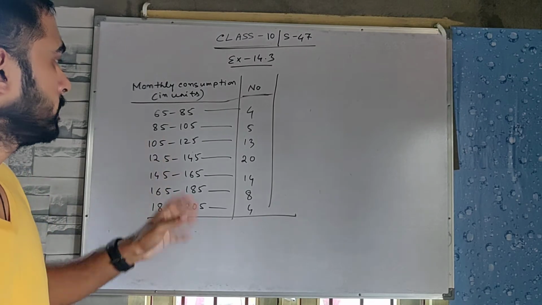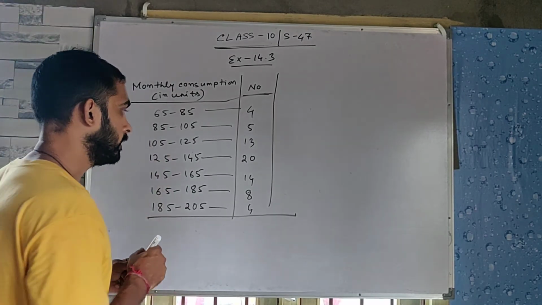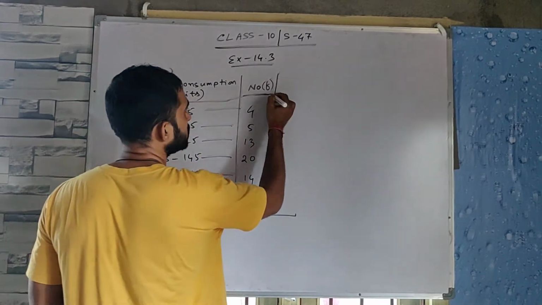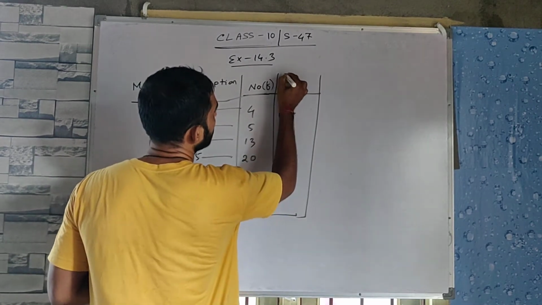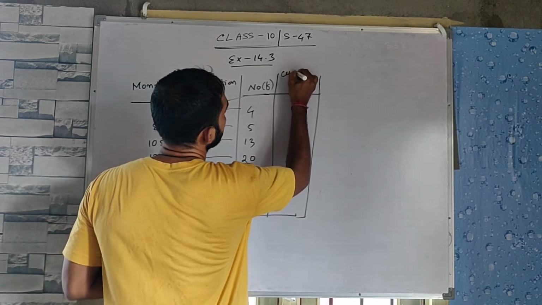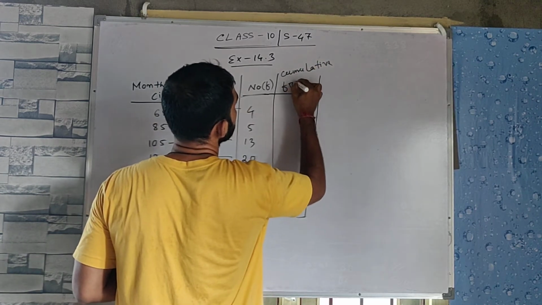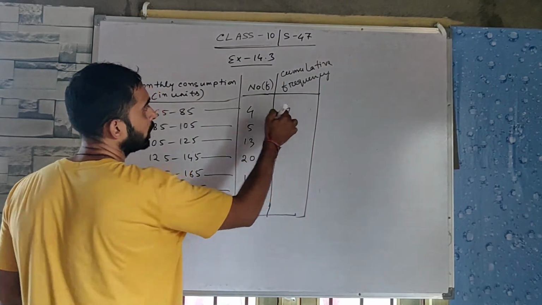From this given data, we have to find out the median. These numbers are always known as f. After this, we have to make another column, that is cumulative frequency. What is cumulative frequency?